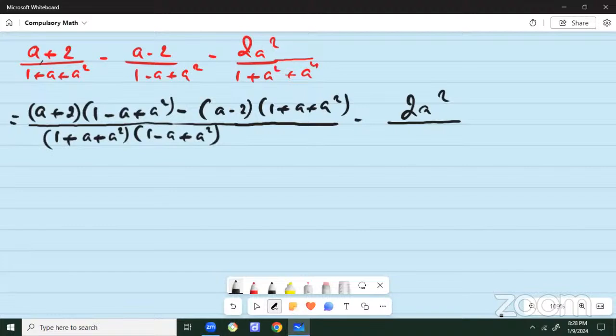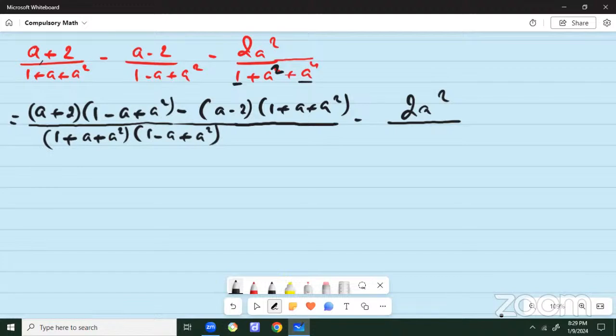So if you can factorize this 1 plus a squared plus a to the power 4, it would be the best. Do you remember factorizing this type of expression in grade 9? Anyone? With the power 4, positive terms with the power 4.